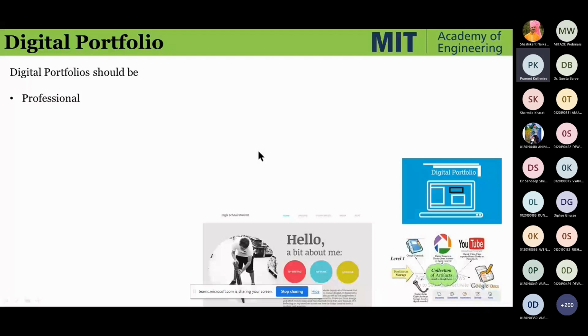A digital portfolio should be professional. It should be the amalgamation of technical, written, graphical and verbal content. Whatever events you have participated in, whatever achievements you have gained, whatever process you have followed, the same thing you will be representing with the help of a digital portfolio.